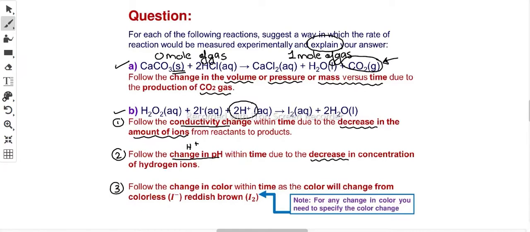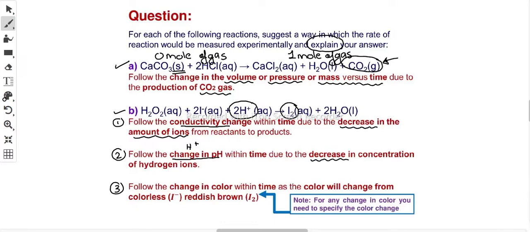Number 3, you can follow the change in color per unit of time. Why can we use it? I've got iodine right here. So the color will change from colorless, which is for the iodide ion, into reddish brown, which is due to the formation of iodine.